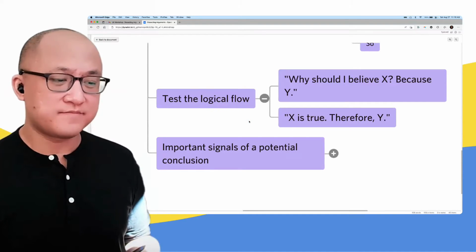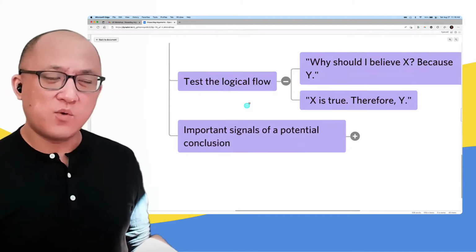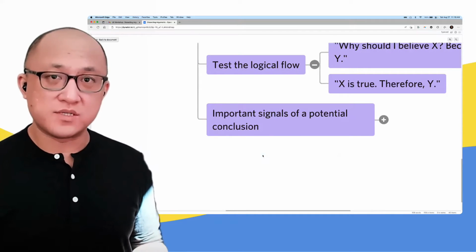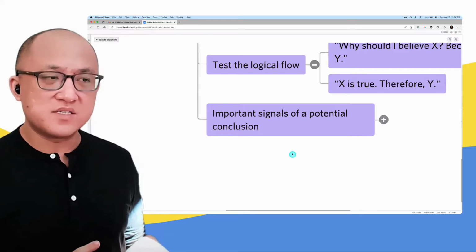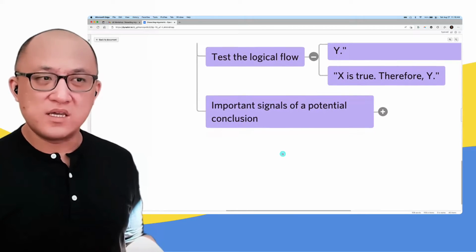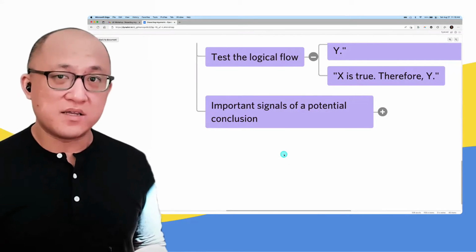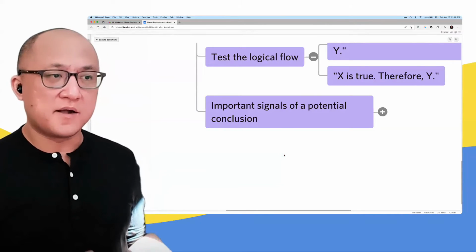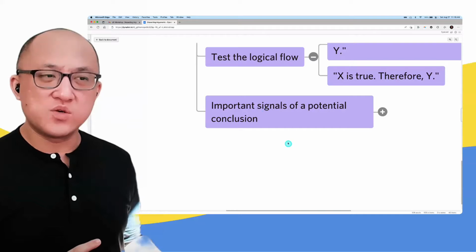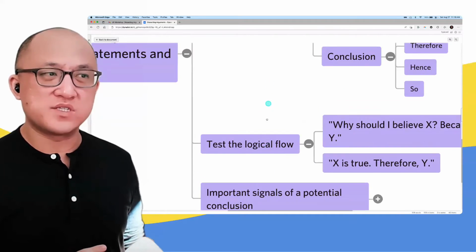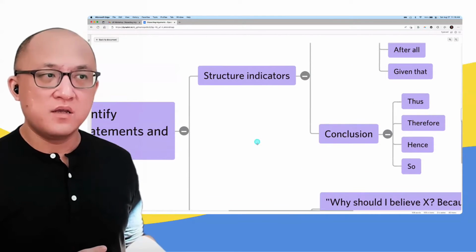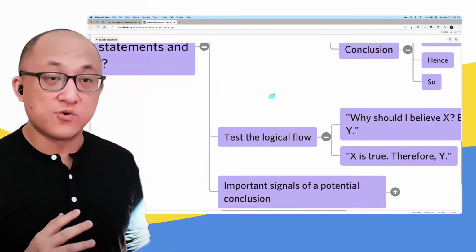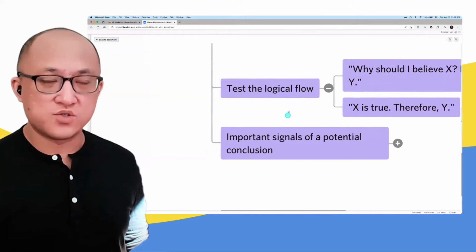All right. So I want to talk about one more way to help identify conclusions and premises, because this way is actually really at the top of mind for someone who's doing logical reasoning very well. But I want to make sure you recognize that the first two categories here, testing the logical flow as well as structure indicators, those are actually ways that you prove that something is a conclusion, right?